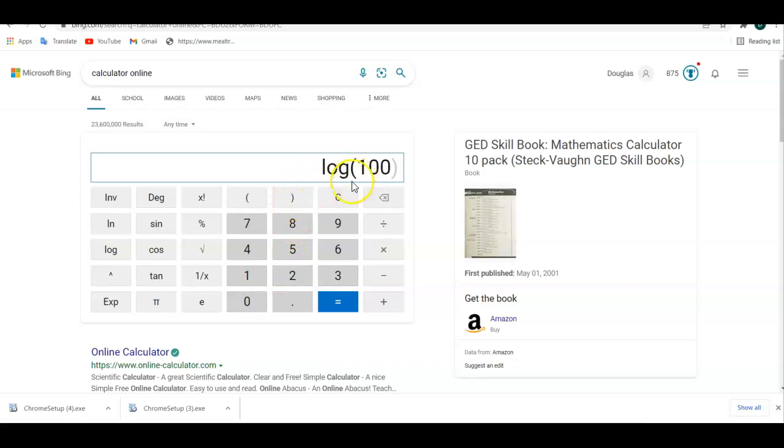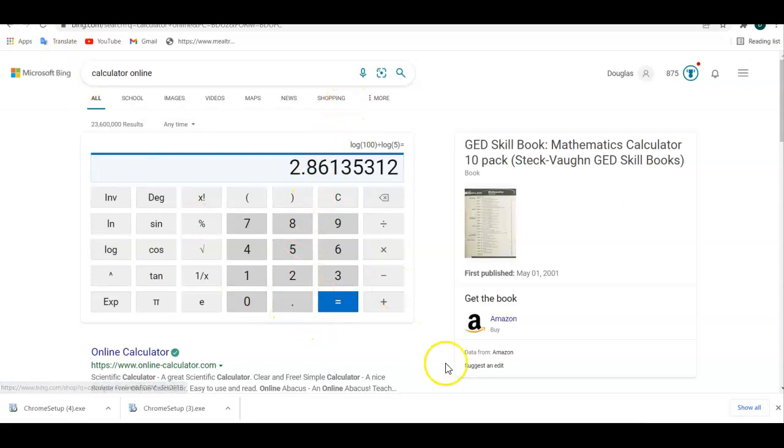Notice it prompted a parenthesis, so I'm going to have to close that off. Then divide by the log of 5, and again it prompts a parenthesis, so I'll hit 5 and then close the parenthesis. Now that's the log of 100 divided by the log of 5, and it is equal to 2.86135312.